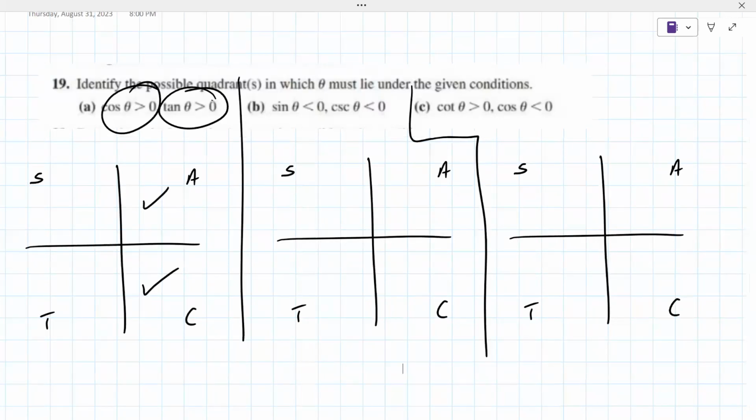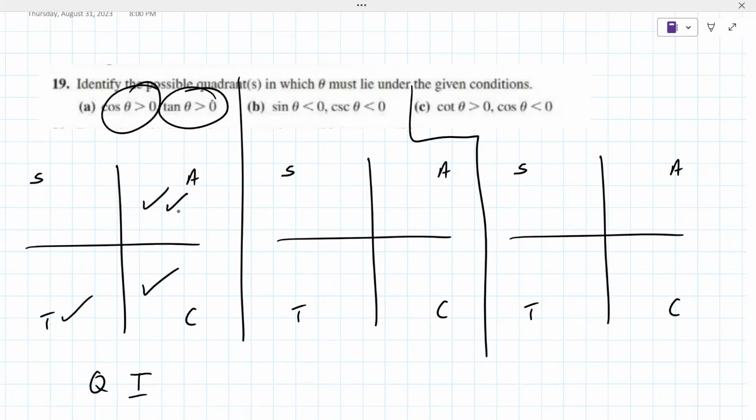Are you seeing my screen? Yes. Okay, tan's positive in quadrant 3 and quadrant 1. Right. So where's the overlap? Quadrant 1. Okay, so I'd like you to try this for the second one.